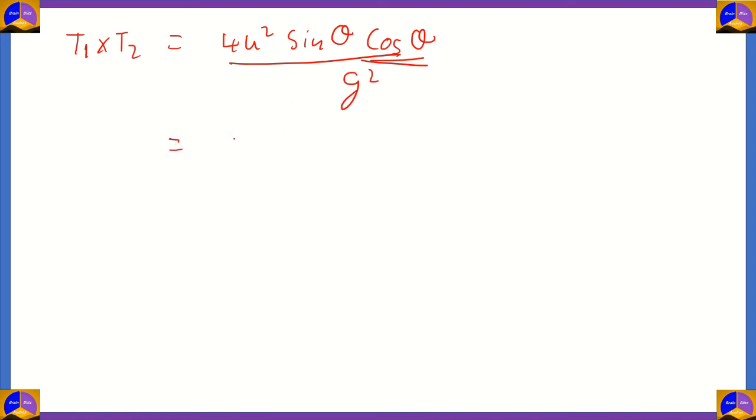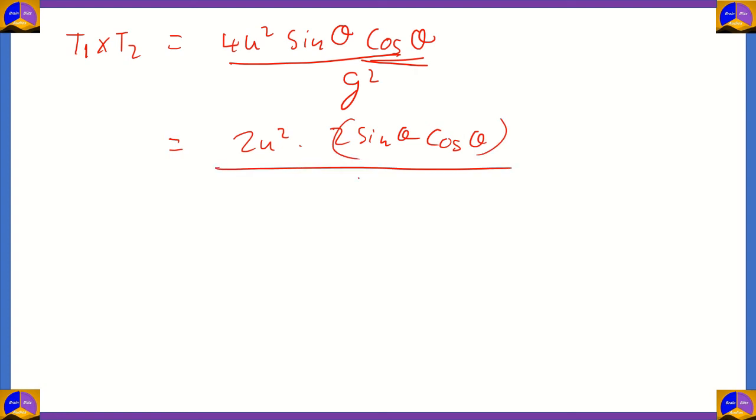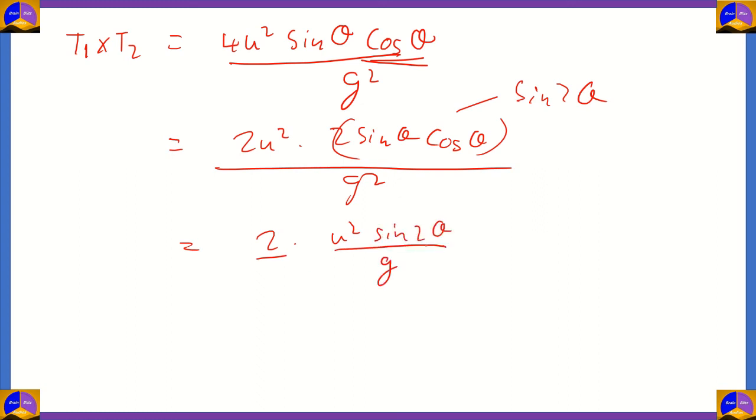So over here you can write 2u squared times 2 sine theta cos theta divided by g squared. So 2 sine theta cos theta gives you sine 2 theta. Therefore you can write 2 times u squared sine 2 theta, and g on one side and g on the other side.